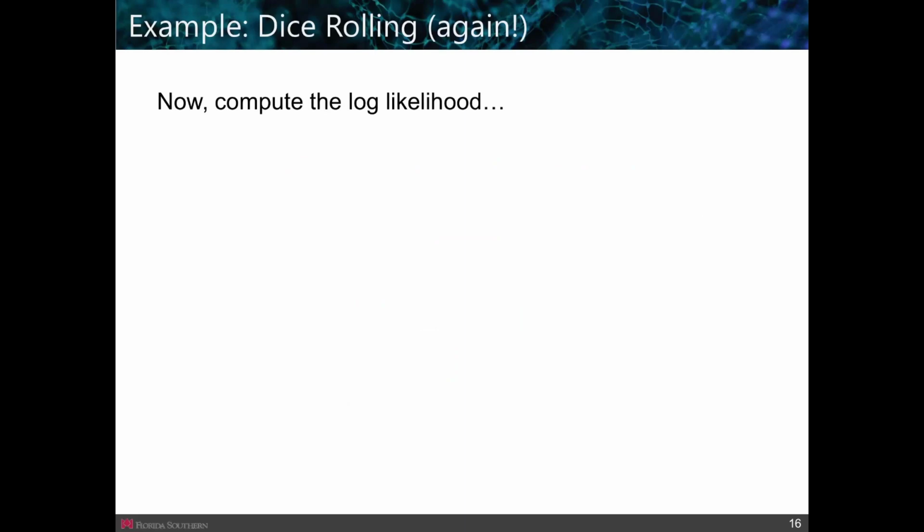Now, the hard part. Let's compute the log likelihood. So the likelihood of the array of thetas is going to be equal to, I'm going to simplify the expression already so that we have room on the slides, but all of those exponents, right, log of x to the y is equal to y times log of x.